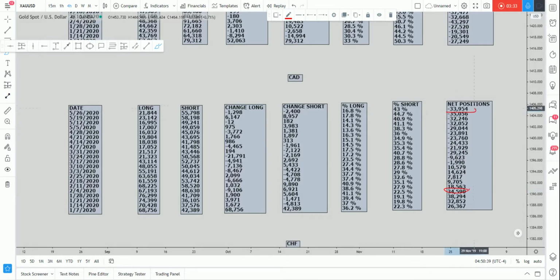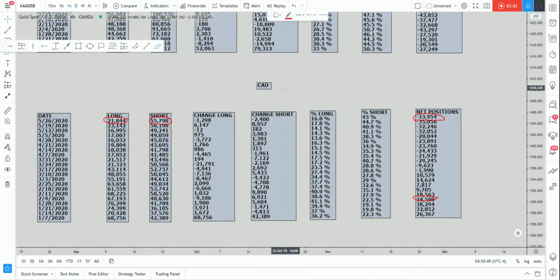In fact, we have 55k shorts and 21.8k long positions. So overall, we can expect a long-term weakness of the CAD.